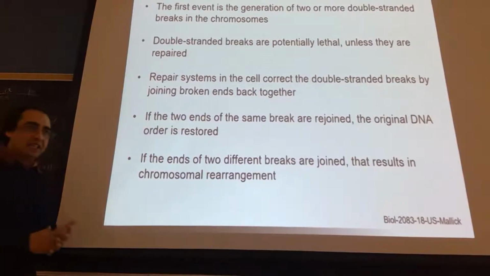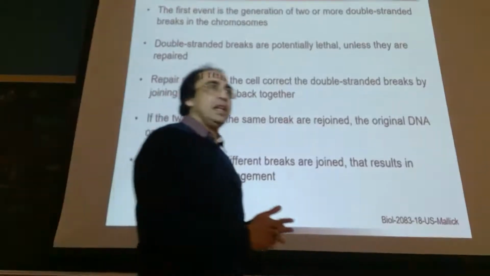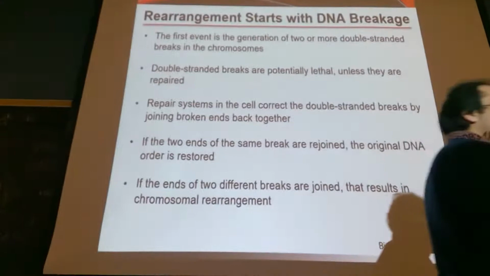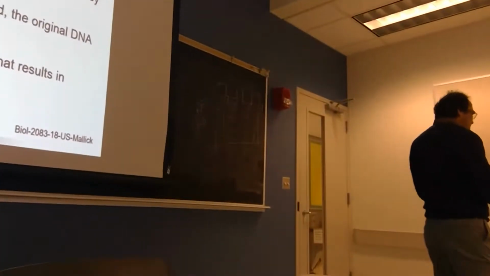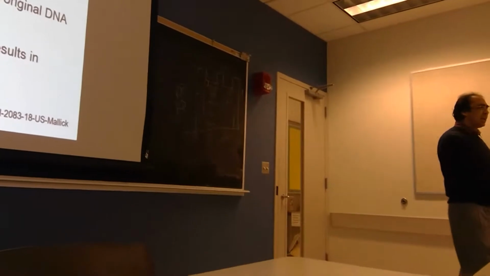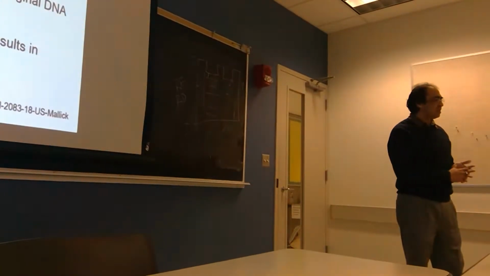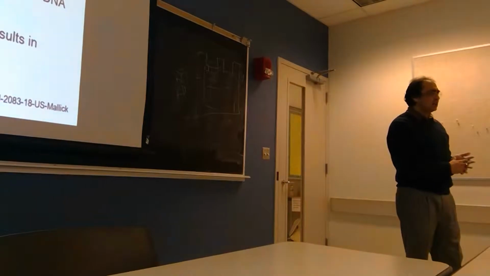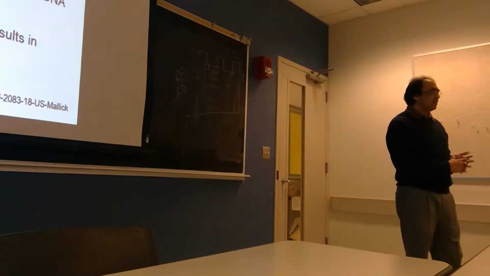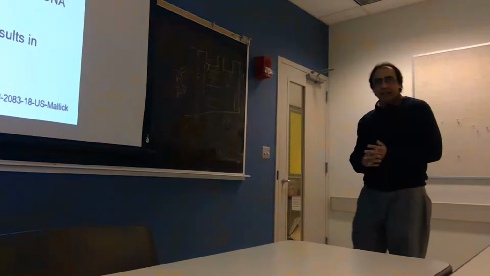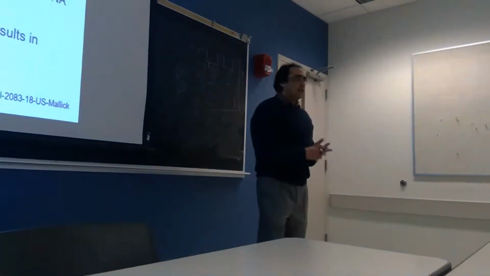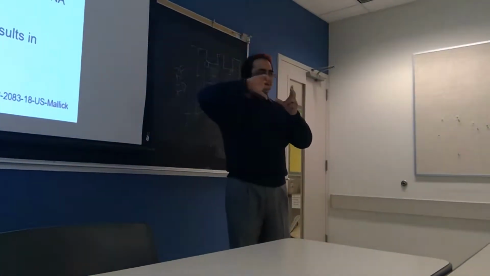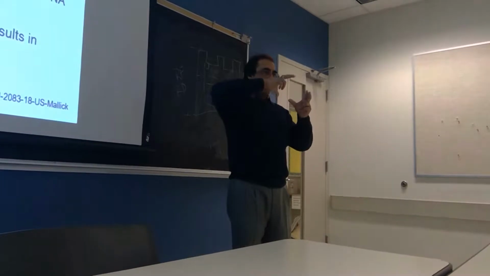When there is rearrangement, it starts with DNA breakage. So any kind of DNA breakage. And when can we find the DNA breakage? Do you have a little bit of an idea about DNA replication? Any idea about DNA replication? During DNA replication, the DNA is uncoiled. The DNA is a coiled structure. It becomes uncoiled.